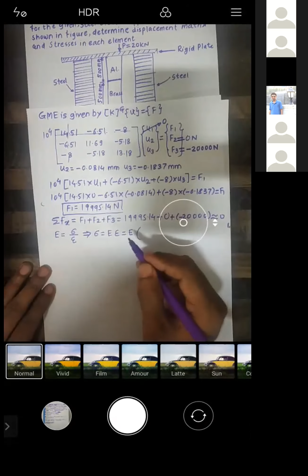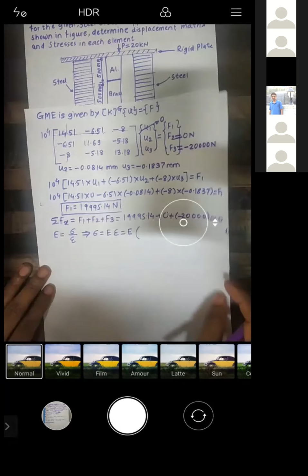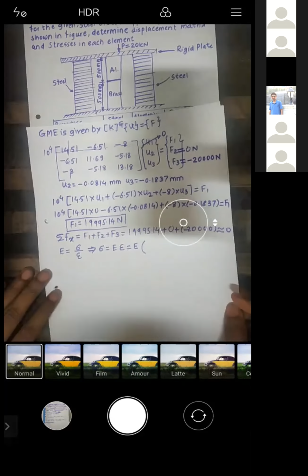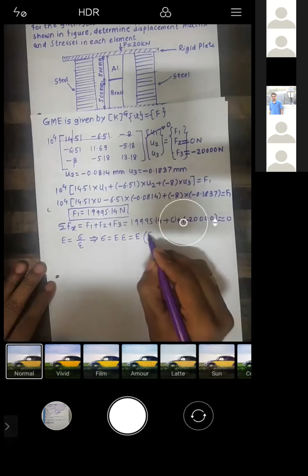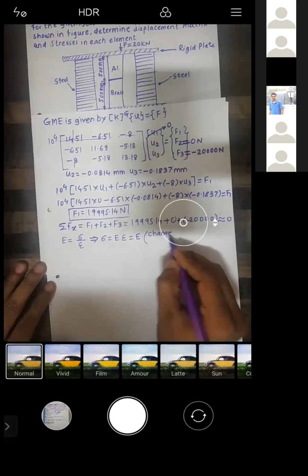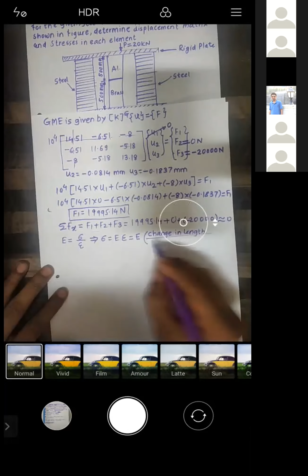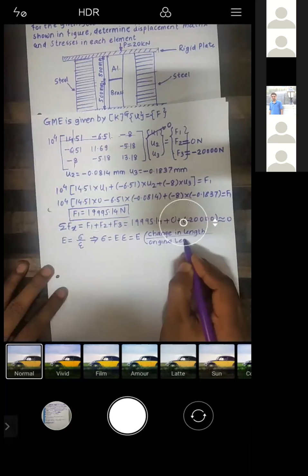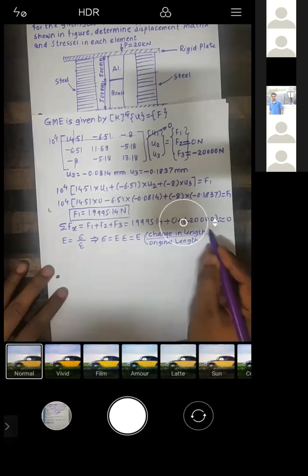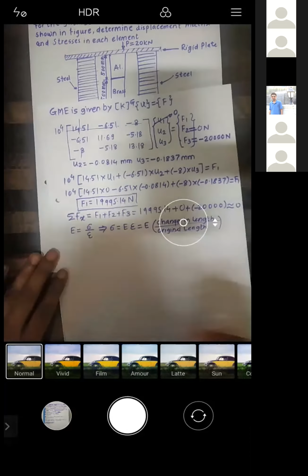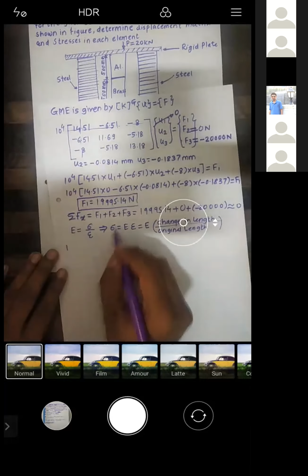It is change in length upon original length. I will write it down here: change in length upon original length. Is it okay?